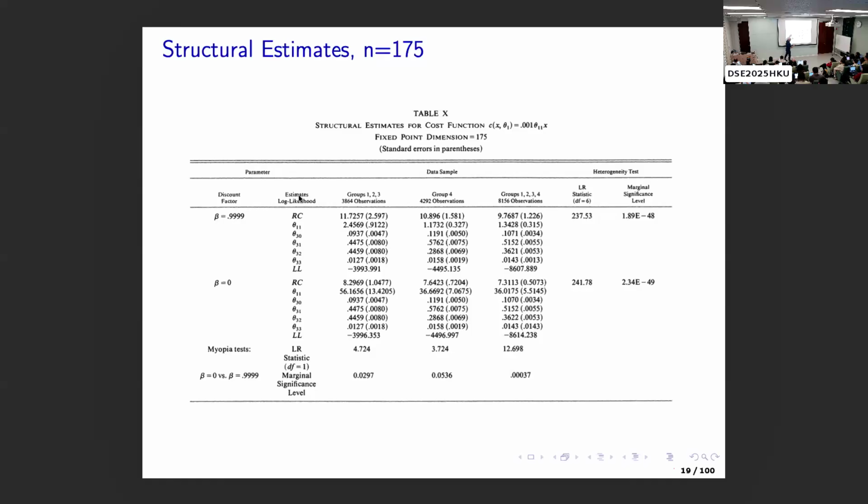Once you do that, you just compare the log likelihoods for these two models. You can get a test for whether these two sets of parameters would be the same, stuff like that. Anyway, we can estimate the model.